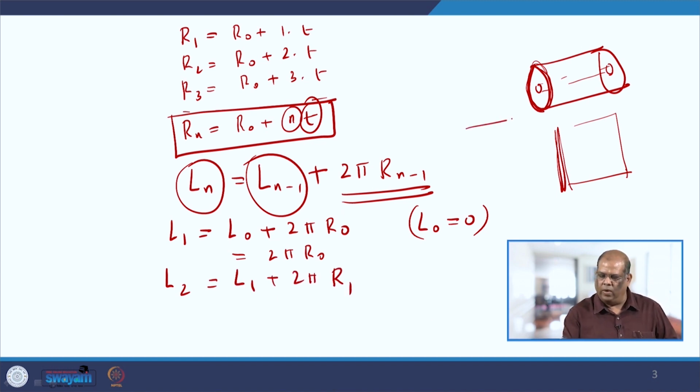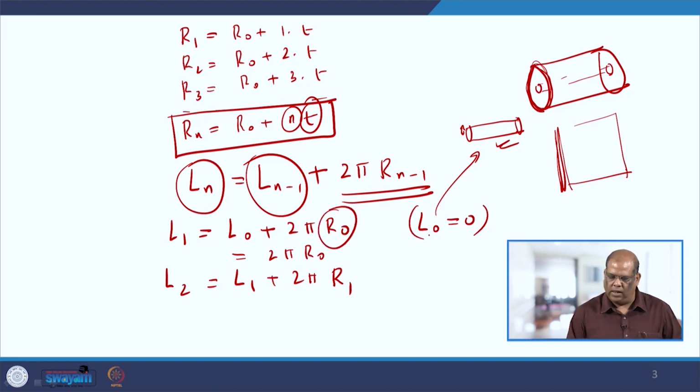Initially you only have the cardboard core, so there is no paper there, and hence L0 is equal to 0, but initially there will be a radius of the core, which is your R0. So, L0 is equal to 0, and you get L1 equal to 2 pi R0.